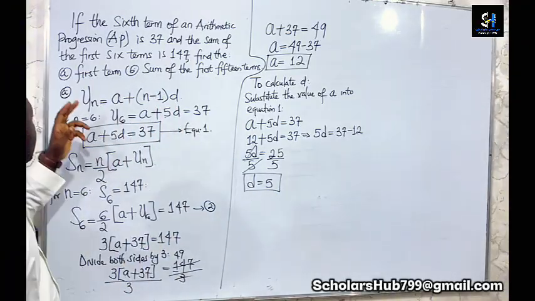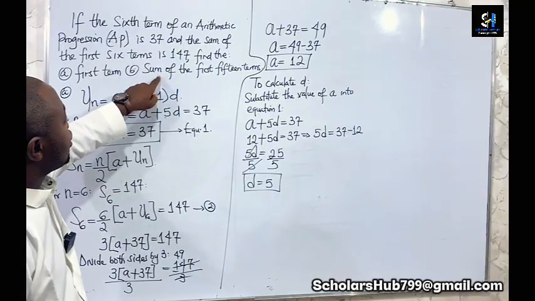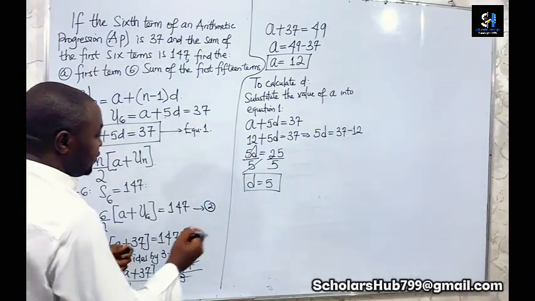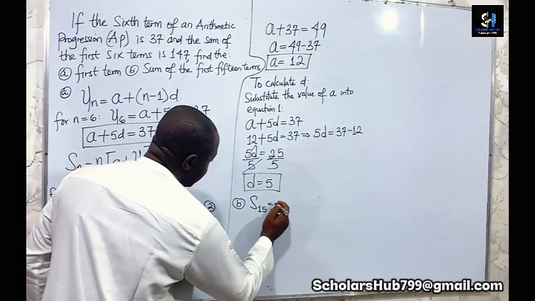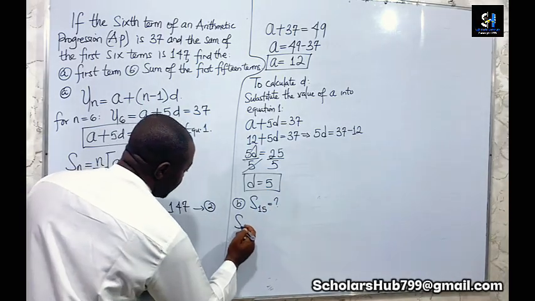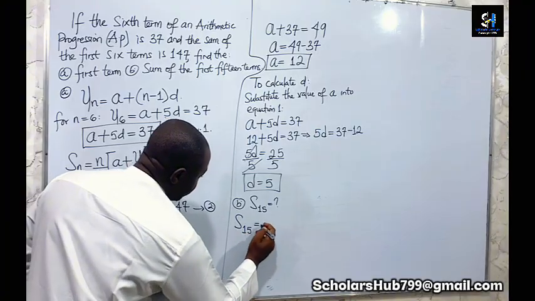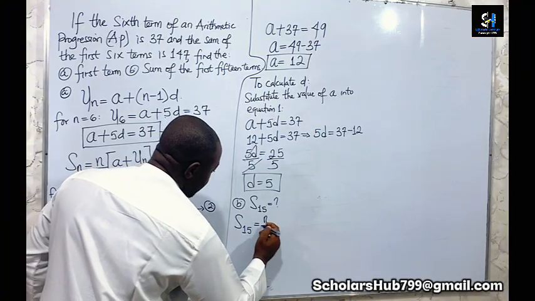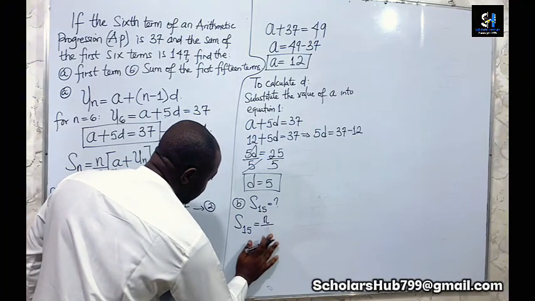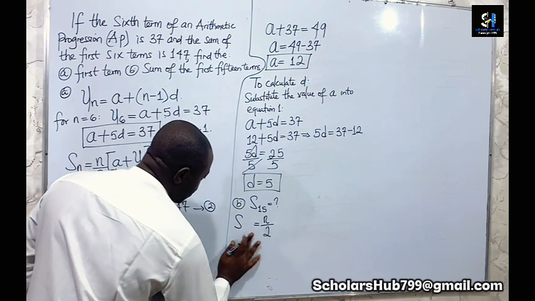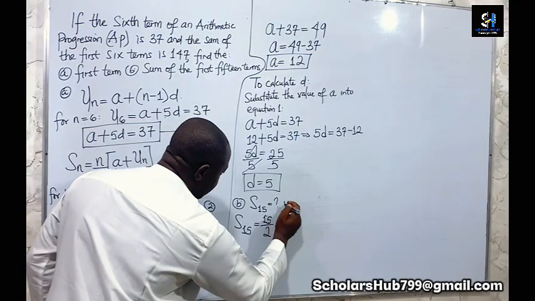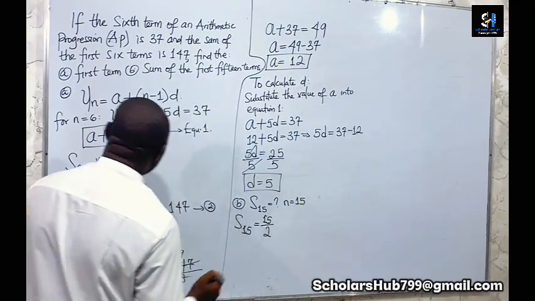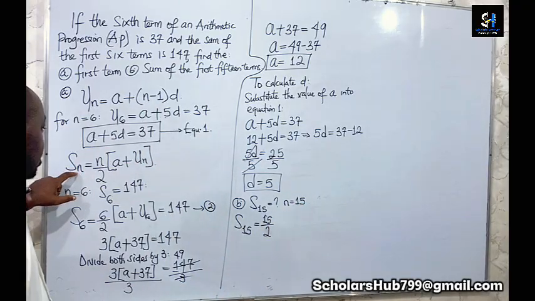Now let's find the sum of the first 15 terms. So part B, the sum of the first 15 terms. We are using the formula where n over 2, and n equals 15.